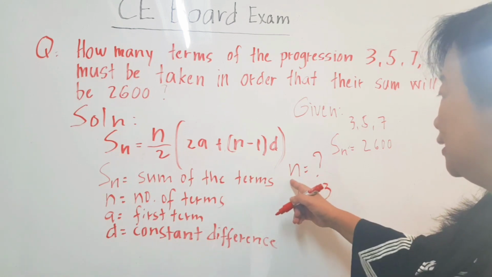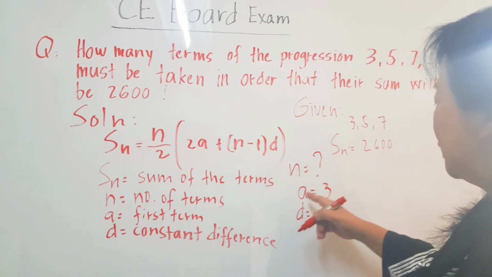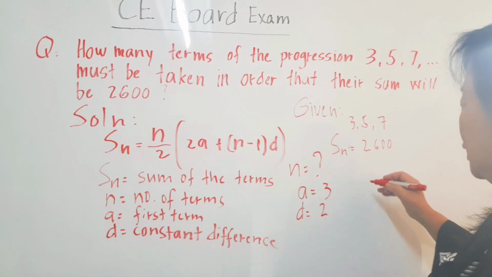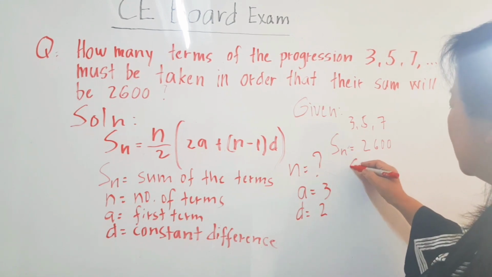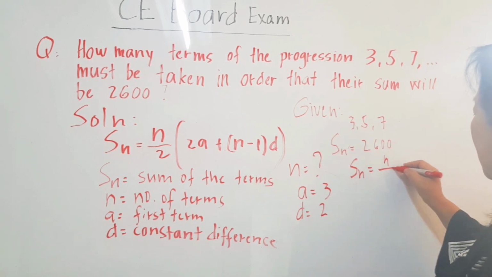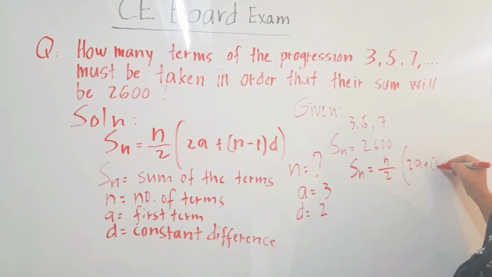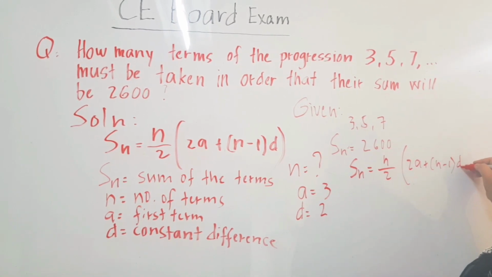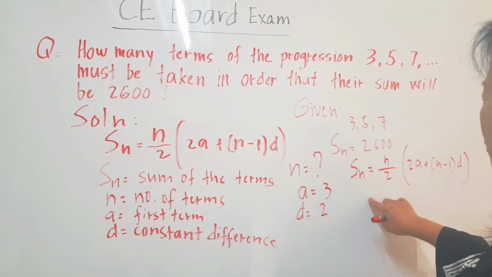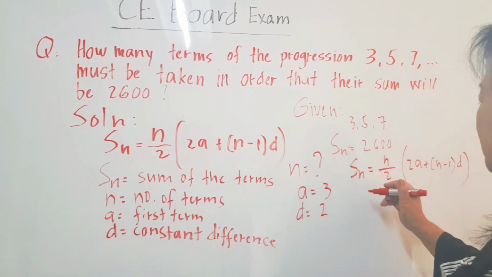Now, we have a, we have d, we have Sn, and n is the one we're looking for. Substituting the values, Sn is equal to n over 2 times 2a plus n minus 1 times d. So, Sn is equal to 2,600.